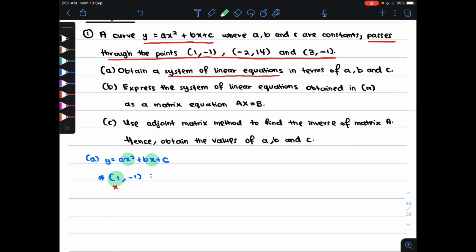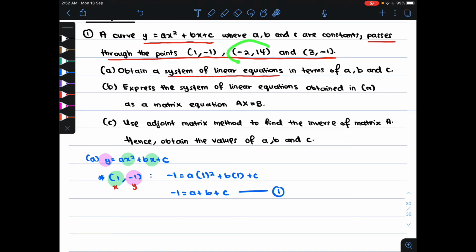Kamu substitute ke dalam x sahaja. -1 adalah kita punya y coordinate. Dan kita akan substitute ke dalam y. And we will get our first equation, which is -1 equal to a plus b plus c.